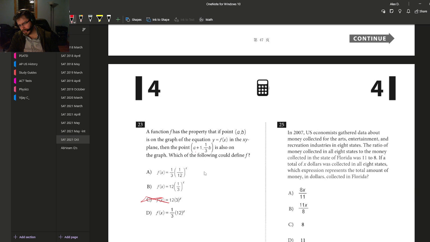So if I plug in 1/3 times 1/12 to the a, there's really nothing you can do here. Plus 1 equals something times b.